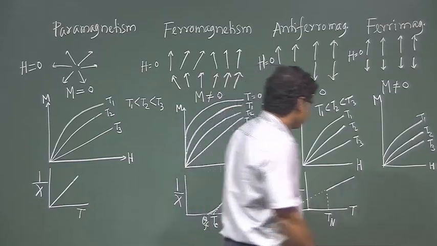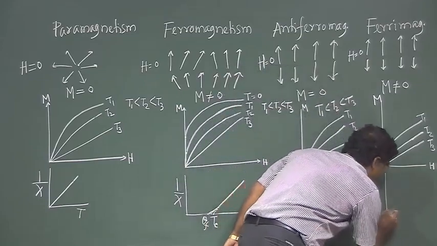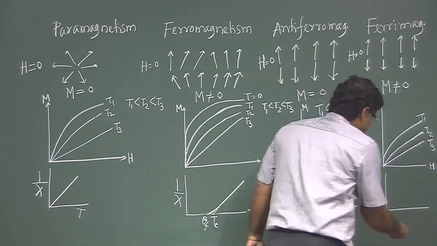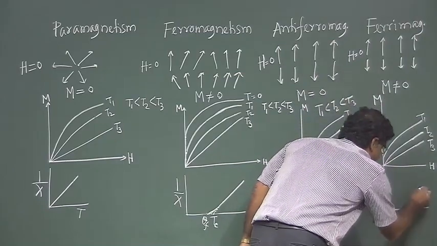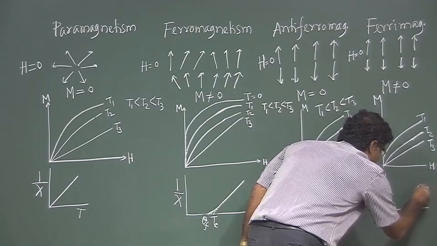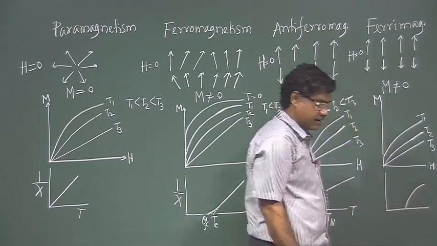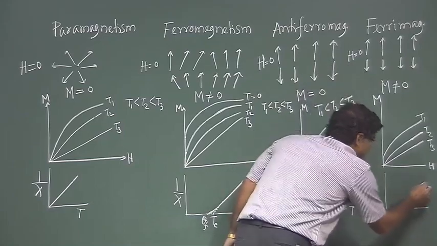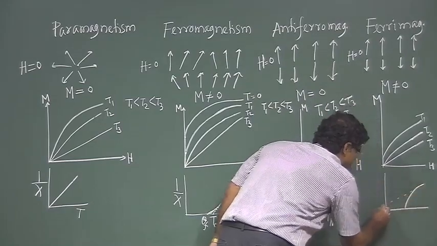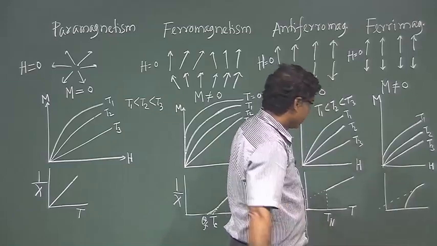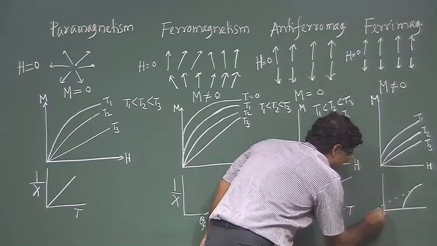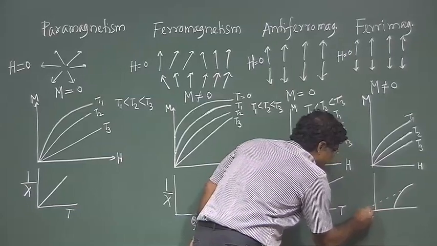So, for the other case, it's like this, and if you take the asymptote of this one, so it really cuts the negative axis.